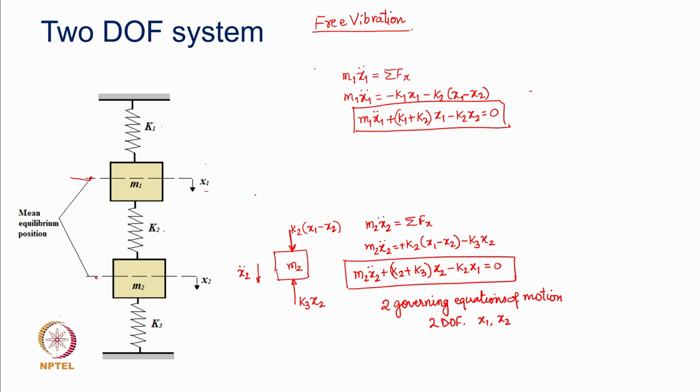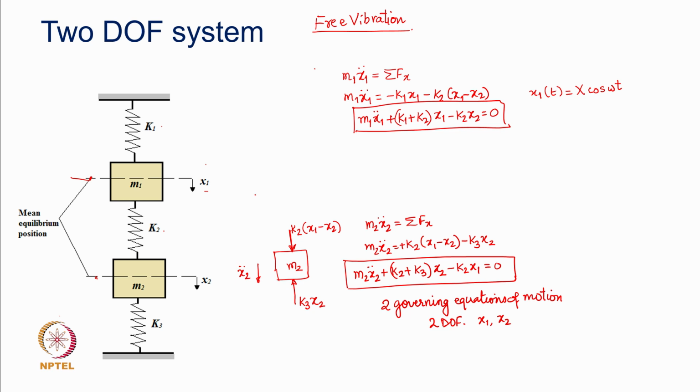I may assume a harmonic response like e to the power omega t, or I can also use the assumed solution as capital X cos omega t. So, the amplitude and the cosine function, or a harmonic time function. Okay. I can use e to the power j omega t as well, there is absolutely no problem.